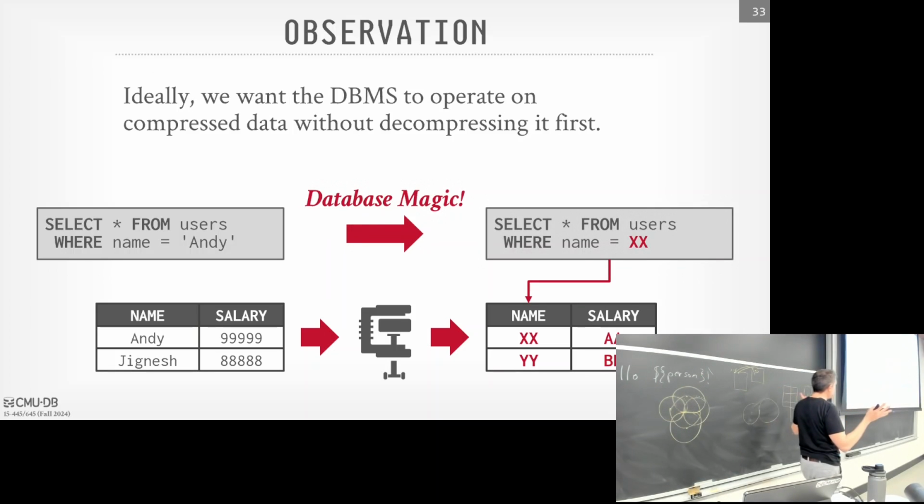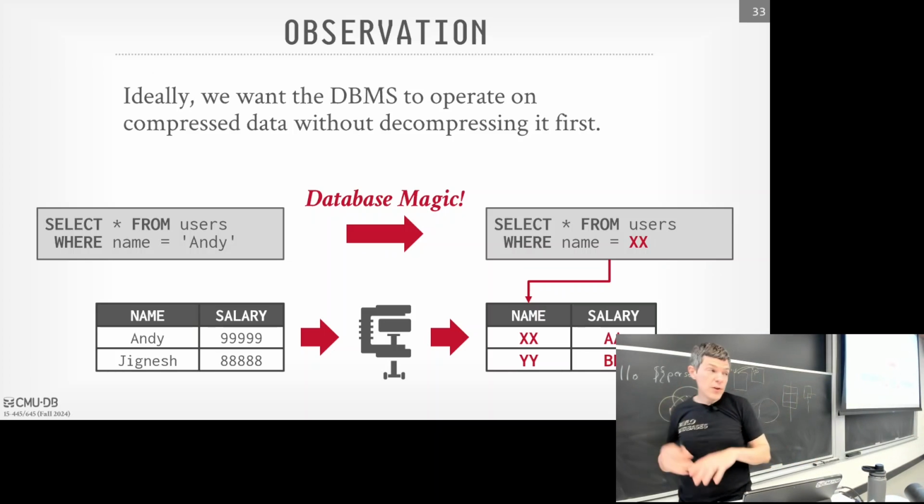I do some kind of database magic, I'm not saying what it is yet, and I convert the input string Andy into the same code that I used to represent it here. And then now my query is basically doing a lookup where name equals XX. And I know XX corresponds to Andy because I did that mapping, and I can go find exactly the data that I need. So I didn't have to decompress these other tuples to find my match. I just operated the query directly on the compressed data.